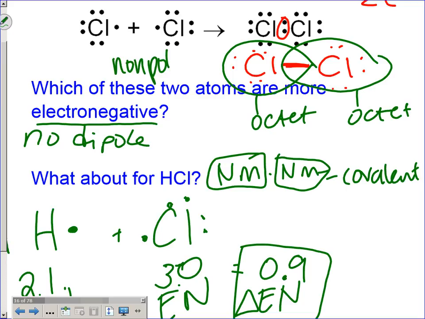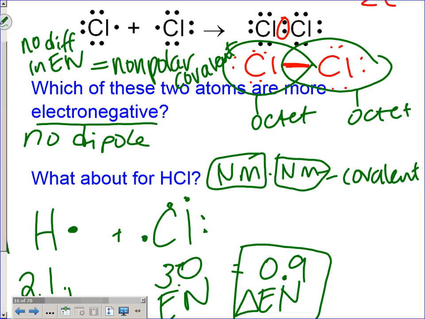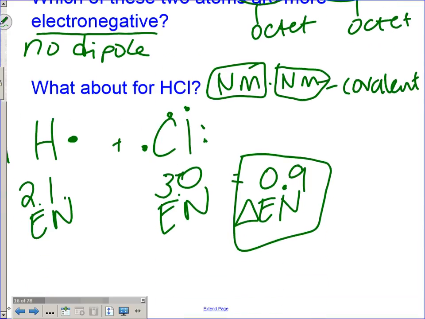Because it has a, say again? Okay, so I'm going to say basically no difference in their electronegativity values, so there was an equal sharing occurring between the 2 atoms. But then you look at hydrogen and chlorine, and you're like, whoa, 2.1 electronegativity, 3.0 electronegativity, we've got a difference in electronegativity.